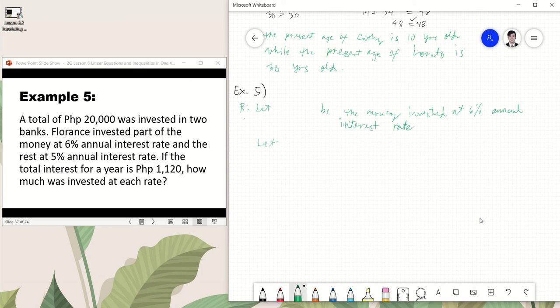At yung isa naman, yung hinanap natin is yung money invested. Kung magkano yung money na invest at 5% annual interest rate.